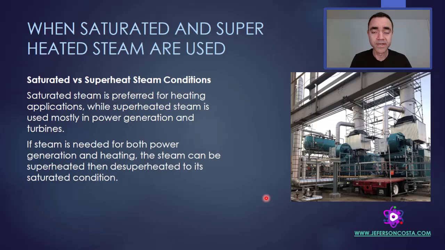When saturated and superheated steam are used, in general terms, superheated steam will be used for the generation of energy using power generators or turbines. Another use of superheated steam is when I need to transfer the steam to another place.